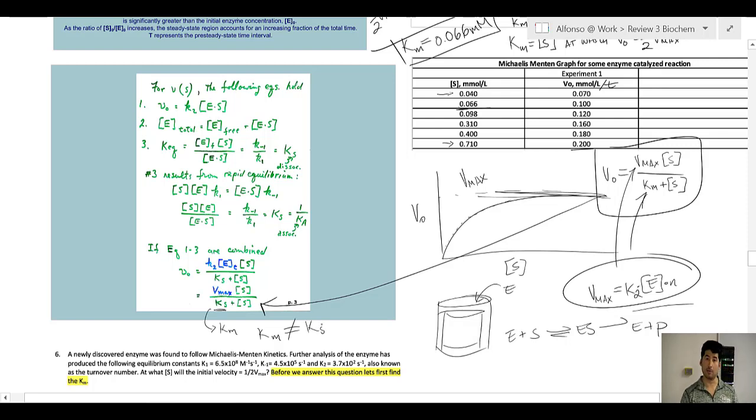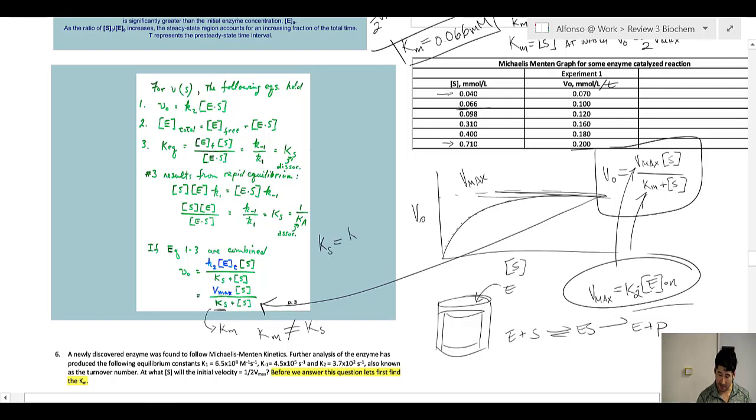So they're not always equal, but sometimes they are, and we're going to go through an example where they are equal to each other. So I'm not saying this equation is wrong. I would never say that, okay? I'm just saying that it is more beneficial for you to use this equation when it has the Km value. If you use the Ks value, you might be a little disappointed if those two things aren't equal. That's all I'm saying, okay?